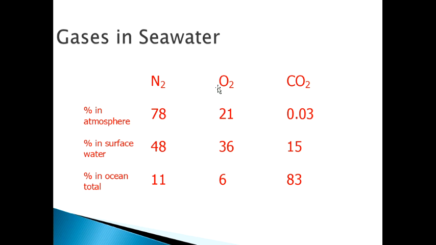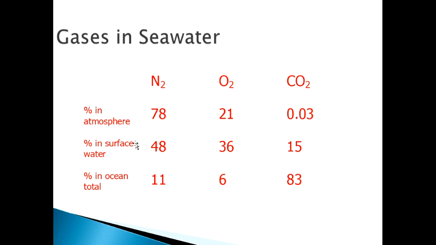Well, that's the one that's important for our life, but it's only 21% of the atmosphere. Most of the atmosphere is free nitrogen, N2. And then we have this vanishingly small amount of carbon dioxide, less than 0.01%. In fact, it's 0.03%.